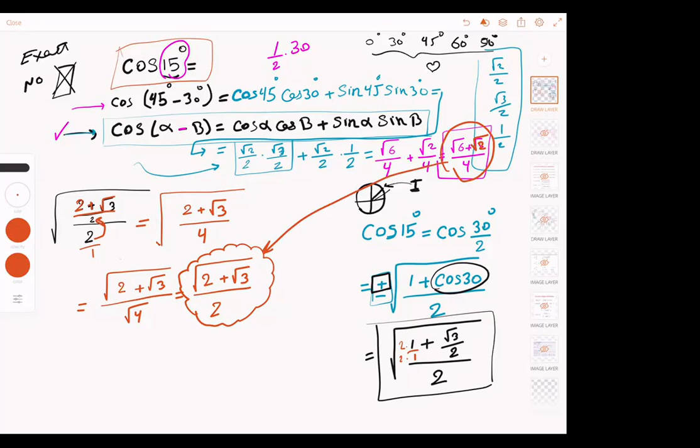Both of them are the same, but how do I simplify to get the other one? That is the question. The calculator will be the same as this one, but here's a more simplified form. I don't want to simplify the radical here.